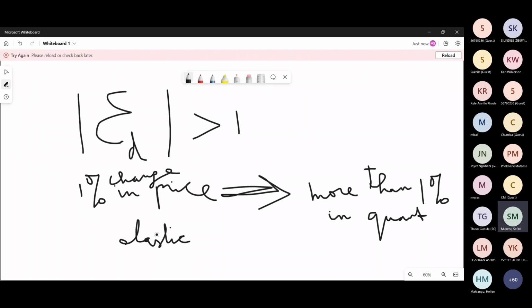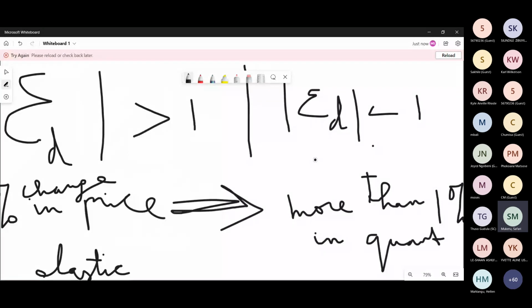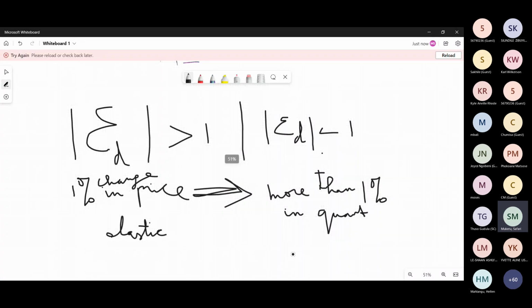But the opposite is the following: if the elasticity is smaller than 1, here they use the word inelastic. Right, and the meaning I think is clear to understand. Basically, a 1% change won't change more than 1%. It will only change less than 1% in the quantity, right?